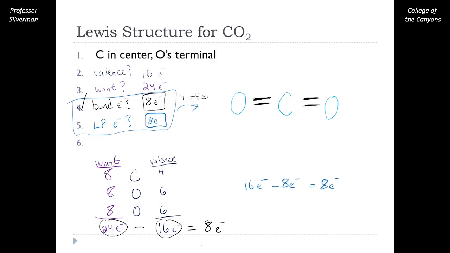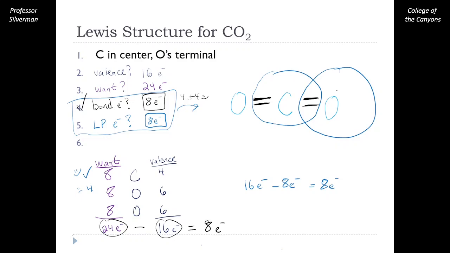Our last step is to fill in our lone pair electrons. We want to make sure that every atom has the 8 electrons that it wants. Carbon right now, it wants 8 electrons and it has 8 electrons. No need to do anything else. This oxygen wants to have 8 electrons, but right now it only has 4.